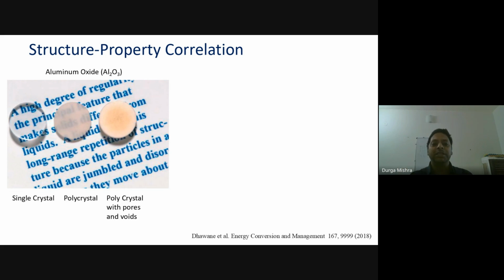These voids make sure that light gets even more scattered, and that makes it completely opaque. So this is how the structure can control the property of a material, and it is the same material.